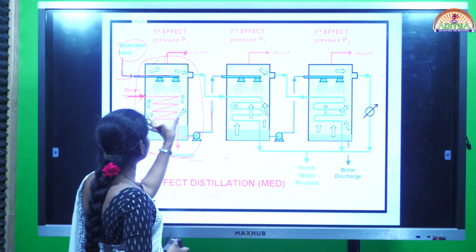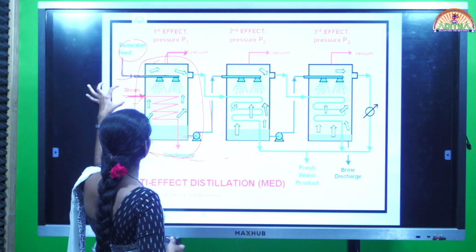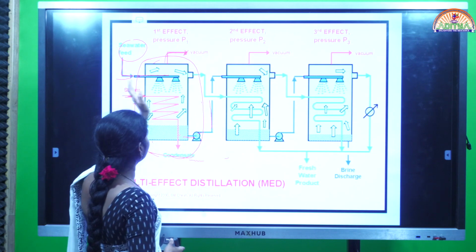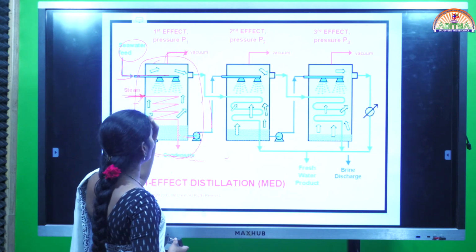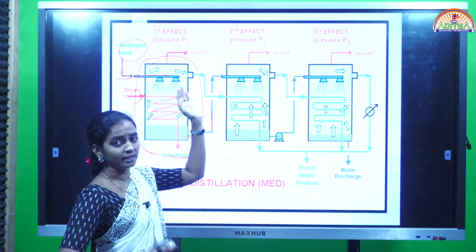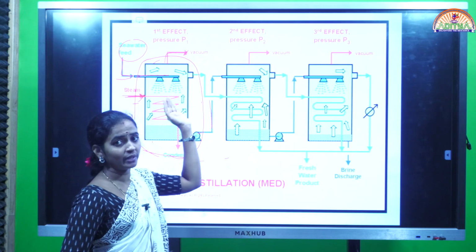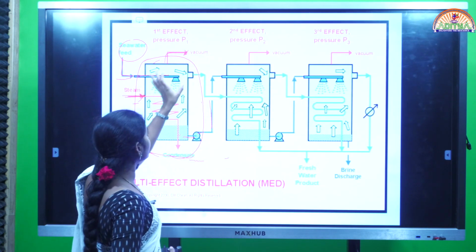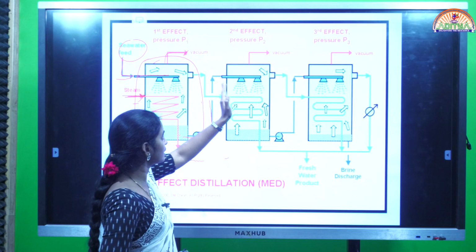When you are applying the heat, that is steam, with the help of the steam the potable water gets boiled. Now the water undergoes vaporization at a temperature lower than its boiling point, and then the formed vapors will be passed into the second still.